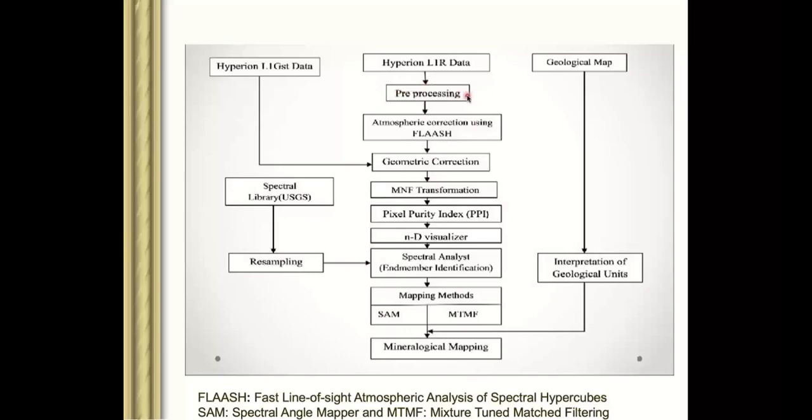I hope it is covered in previous classes, like geometric correction and georeferencing, because it is a very basic remote sensing thing. But what we will do with Hyperion, one important process is atmospheric correction. Why do we need atmospheric correction?